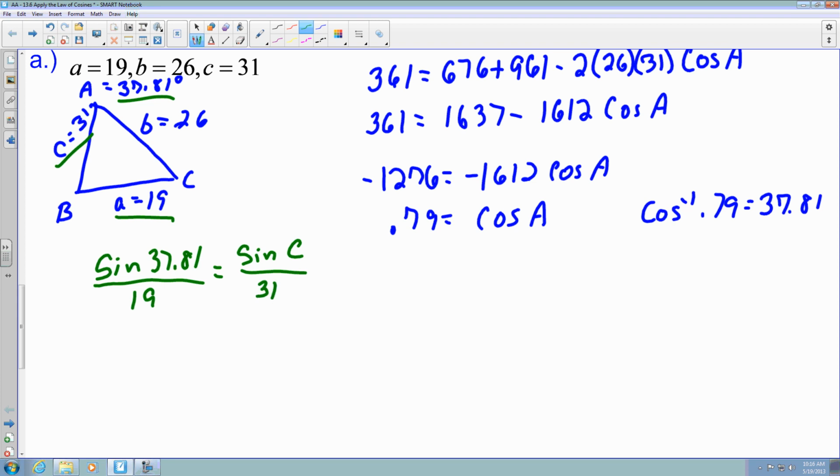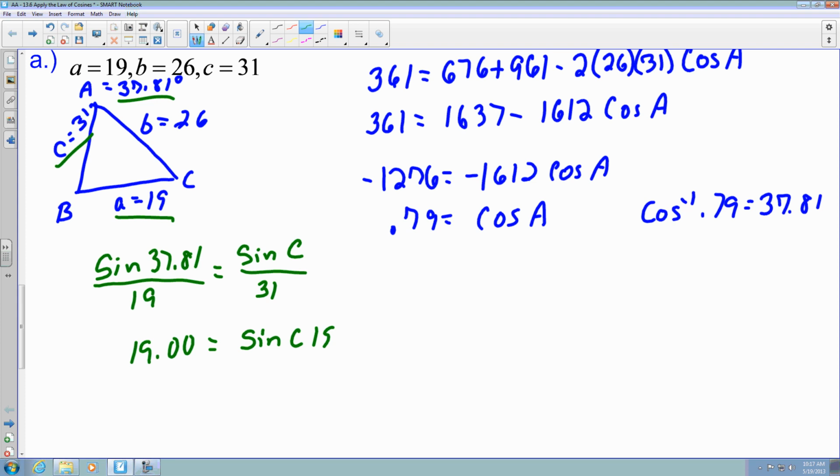And you can still use the law of cosines if you wish in order to solve those values. I'm just showing you another way to do it once you've found an angle. So if I take the sine of 37.81 and then multiply it by 31, I get 19.00 roughly, and that's going to equal the sine of C times 19, but that's what gives you 1.